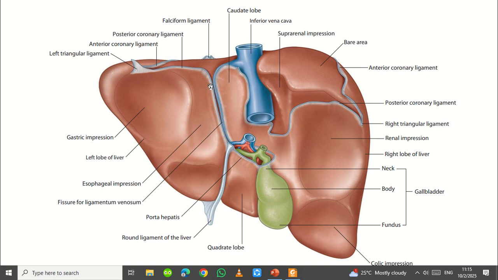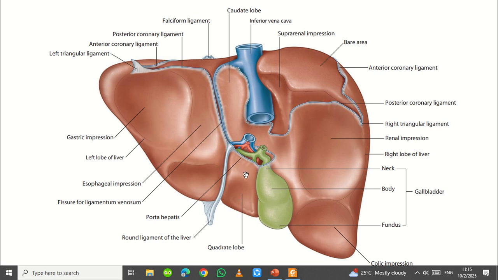So there is sort of an H arrangement dividing your liver into a caudate lobe above and a quadrate lobe below. You understand? Good. So let's take a look at these fissures.